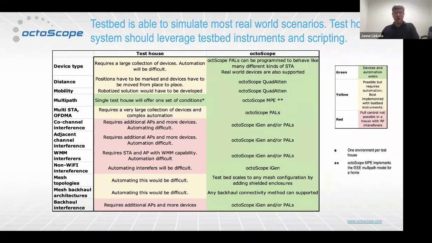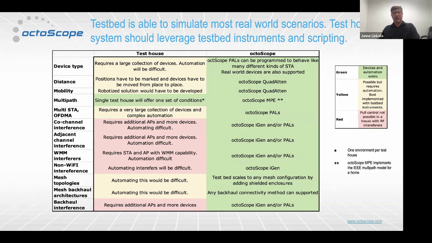And we're using a color code here. Green means that we believe that kind of real world phenomenon is easily replicated in that test environment. Devices and automation exist. Red means there are some fundamental issues with the testing methodology at the level of the real world phenomenon. And then yellow, let's talk about the yellow in a second.